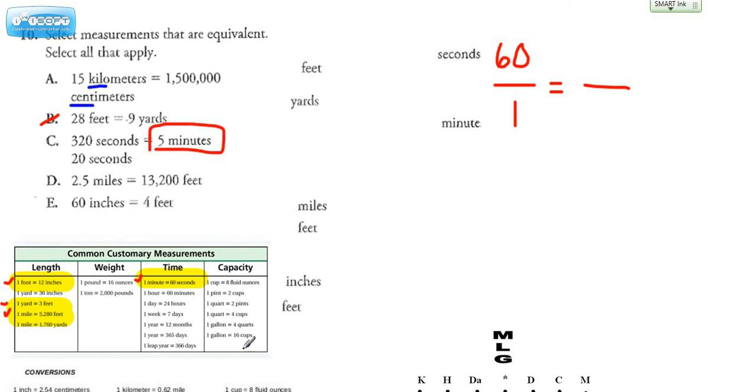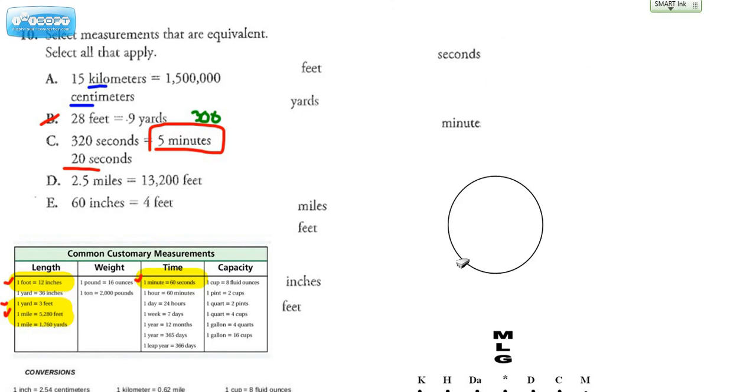If we convert that to seconds, and then we'll deal with this 20 seconds after. 5 minutes. Wouldn't we be multiplying by 5? So just this piece here would be 300 seconds, right? 300 seconds. So if we add the 20 seconds to this, do we get this? And the answer to that question is yes. So you're going to pick that one.